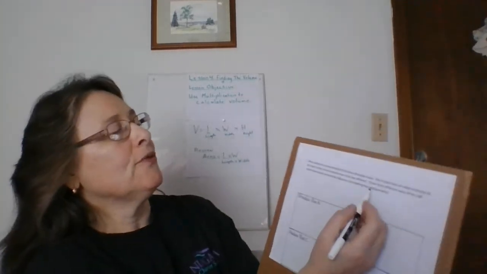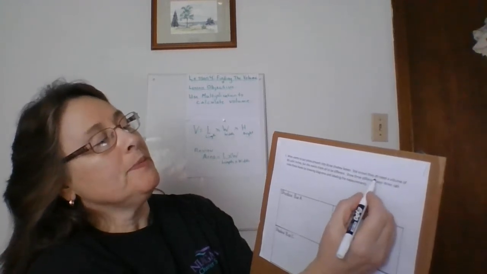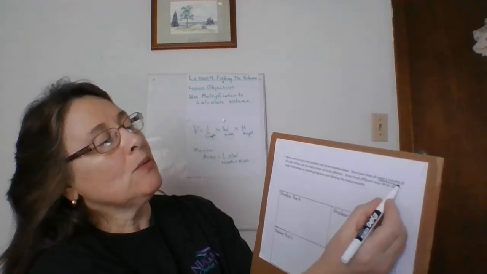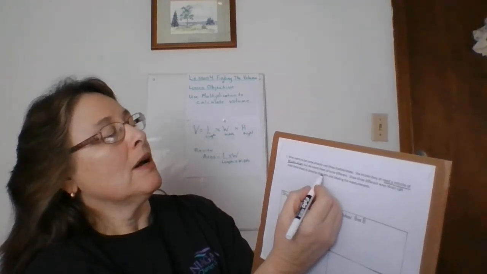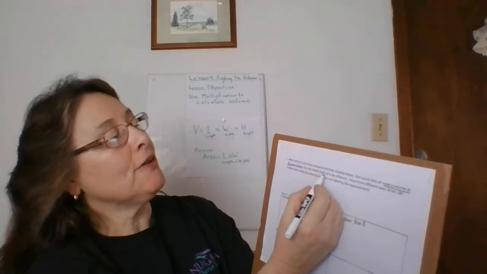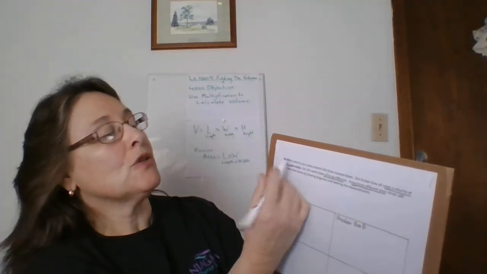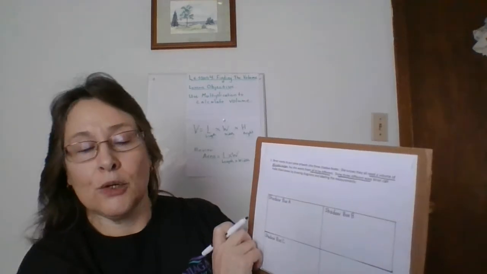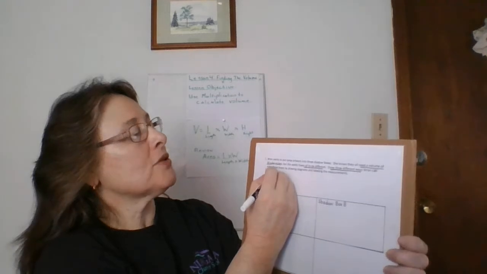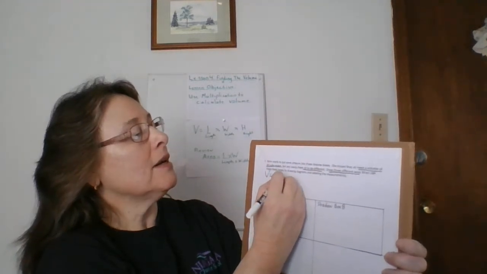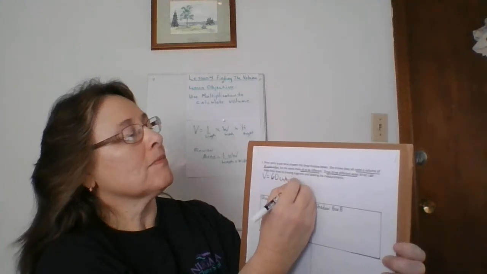So, carefully going through the question again, it says she needs the volume of 60 cubic inches, and she wants them all to be different. I have to show 3 ways to have a volume of 60 cubic inches. So my volume has to be 60 cubic inches.